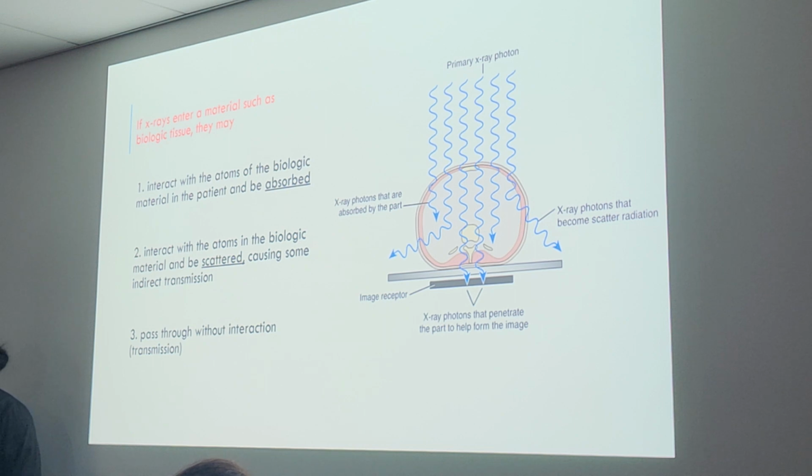Number two, if X-rays interact with the atoms in the patient and are scattered, going off in a different direction, that's scatter. Some may also cause indirect transmission, so they scatter but still transmit through the patient. And then number three, just transmission: it passes straight through to our IR without interaction. Okay, we good so far?